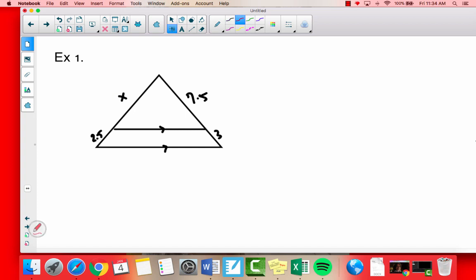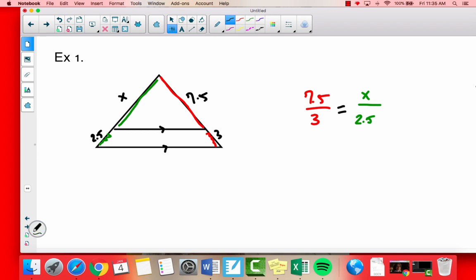Because we have those parallel lines, we can go ahead and set up our proportions. So remember, we take the long side here, so 7.5, over the short side, so over 3, and then make it equal to the other side. So the long side on the left, that would be the X, over the short side on the left, so 2.5.